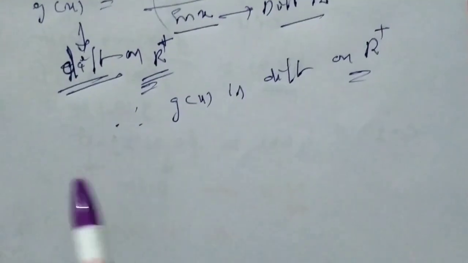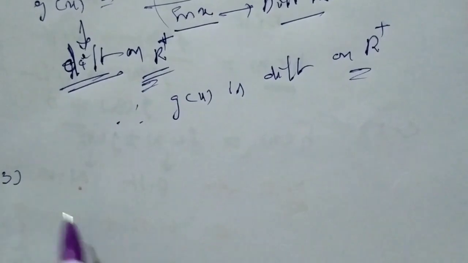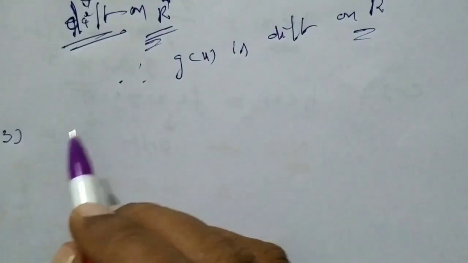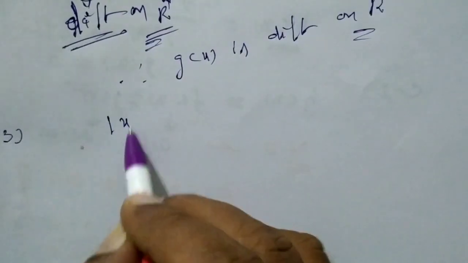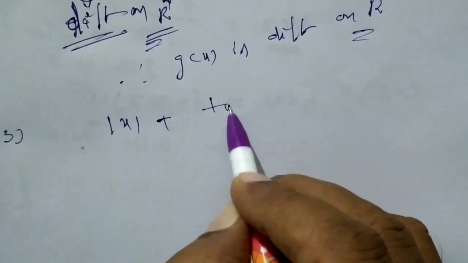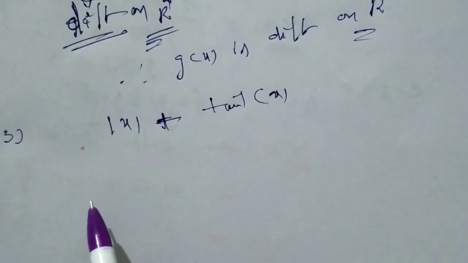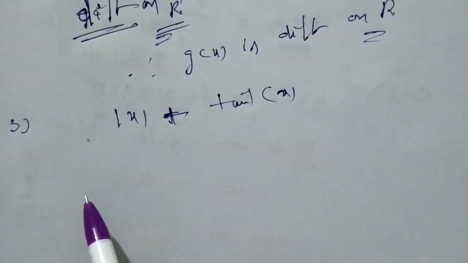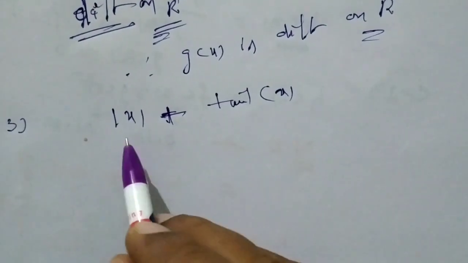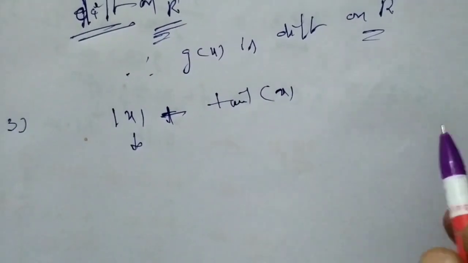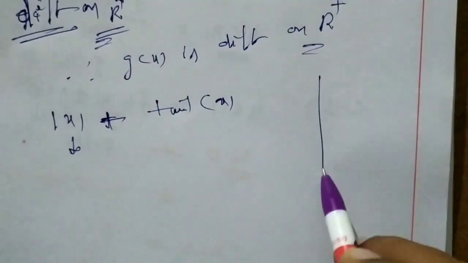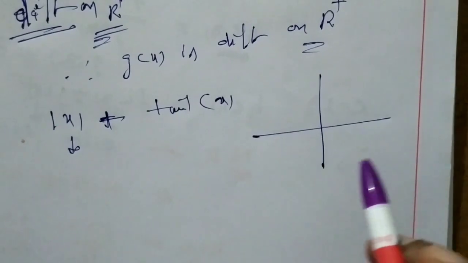Next, suppose we consider some other example, let's say f of x is equal to modulus of x plus tan inverse of x. Discuss the differentiability of this function. What about the graph of mod x?